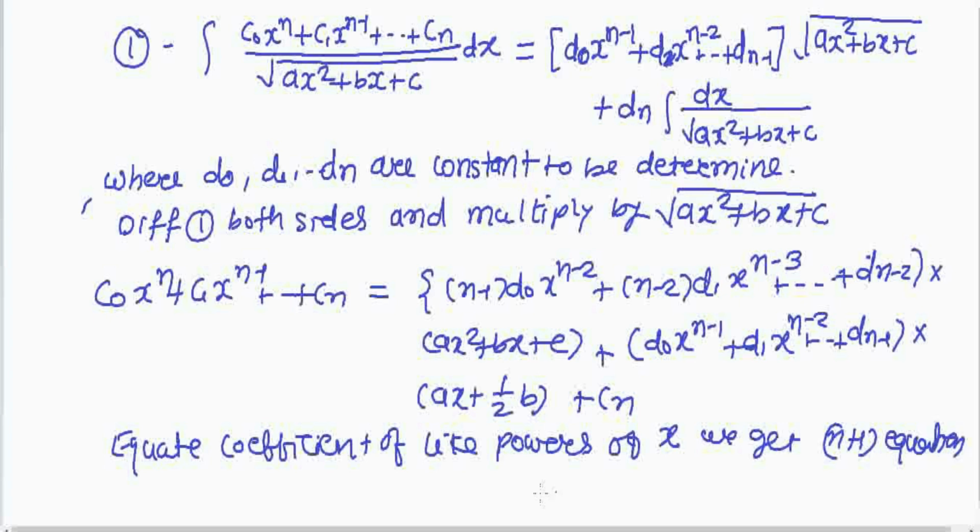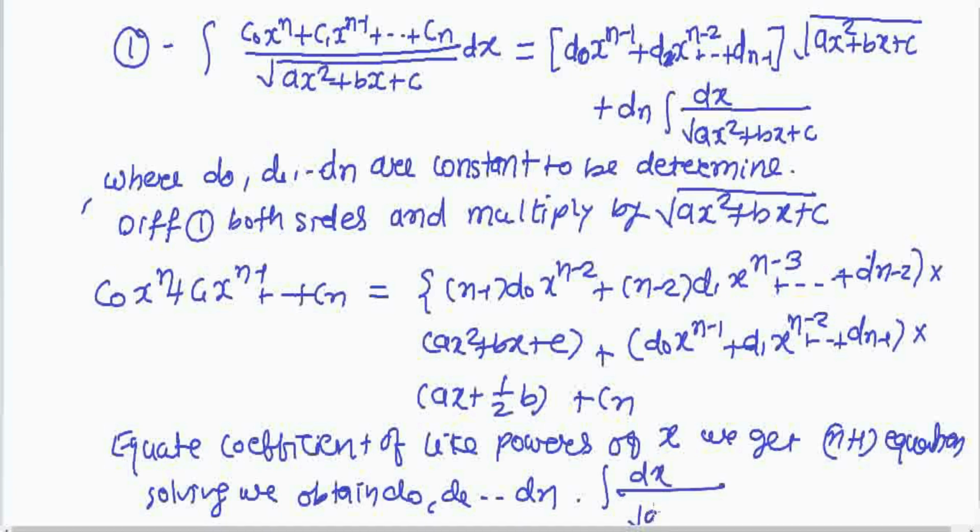Solve those equations. After solving, we obtain d0, d1 up to dn. And we know how to integrate the term dx divided by the square root of ax² + bx + c, and easily we will get a solution.